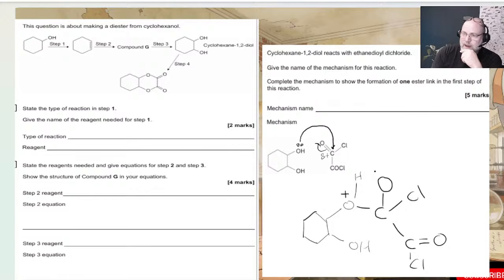And that one, I need to show that, don't I, with the minus. So what we're going to do, how are we going to sort this out? Hopefully, have we got the O back?